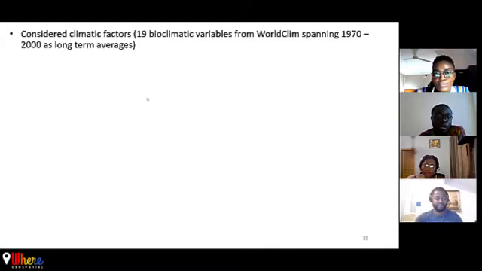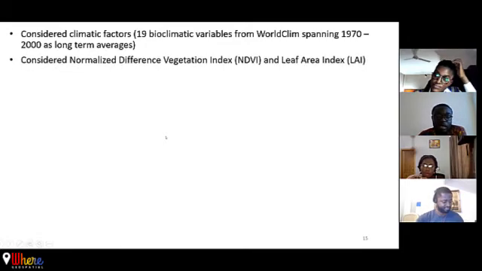Yes, so I considered bioclimatic variables, and I also considered remotely sensed data, that is NDVI and leaf area index. Bioclimatic variables are factors derived from temperature and precipitation, and NDVI is an indicator for the health of plants and crops.